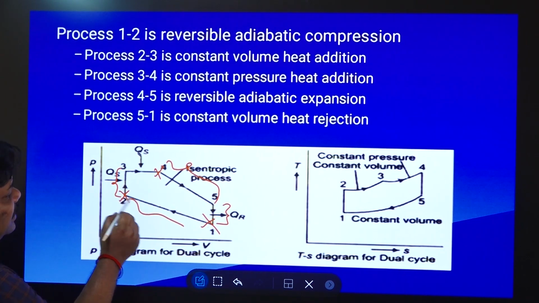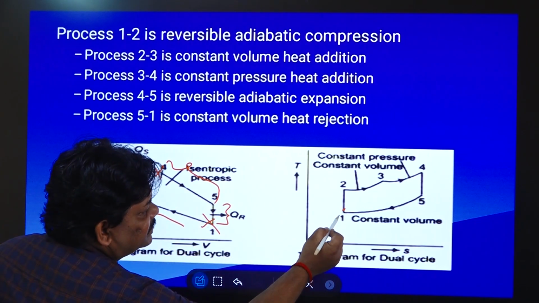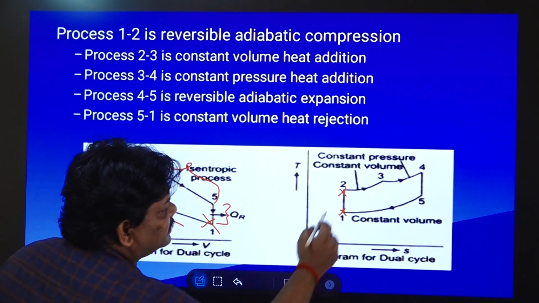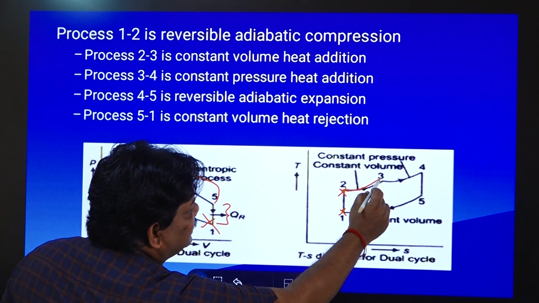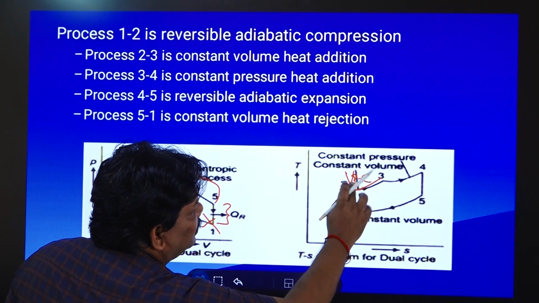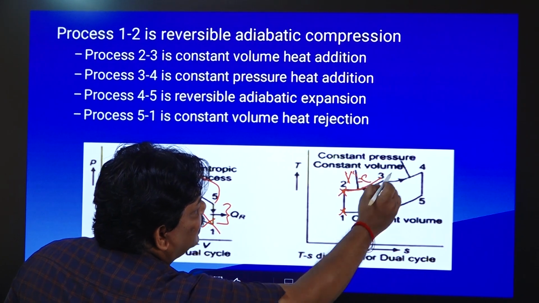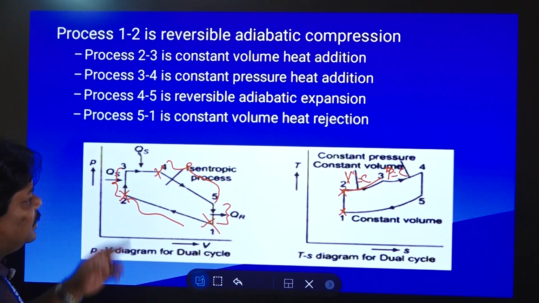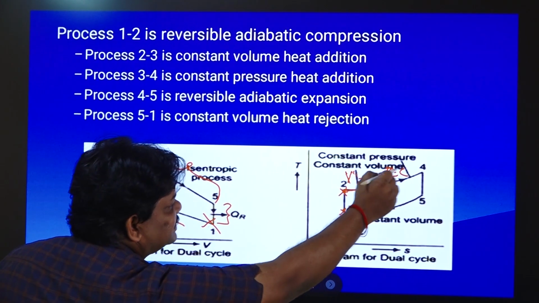You can see that the entropy remains constant during 1 to 2 for this reversible adiabatic process, and with the heat addition at constant volume and at constant pressure, the temperature increases drastically.